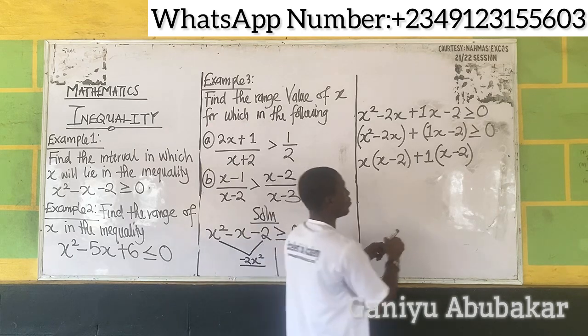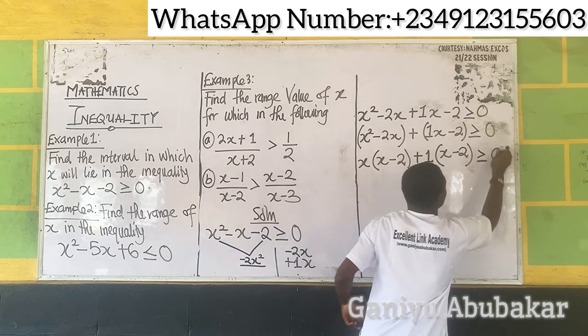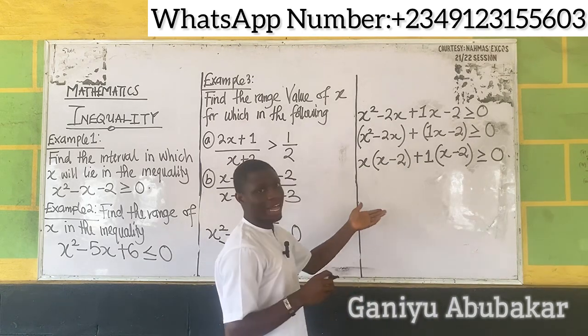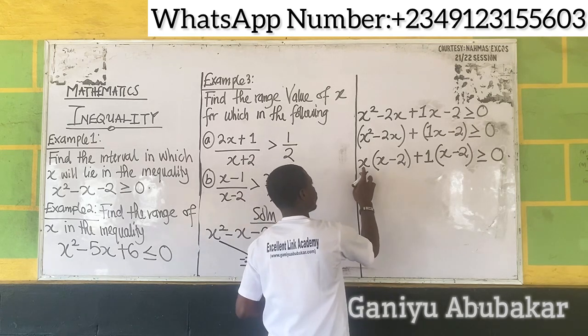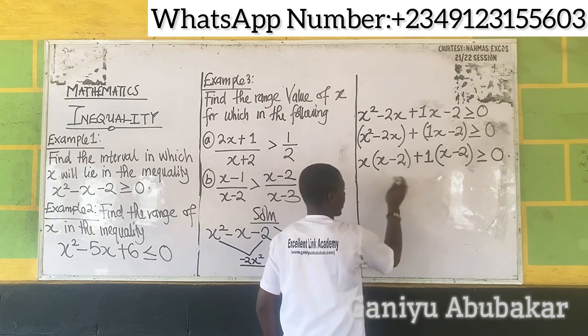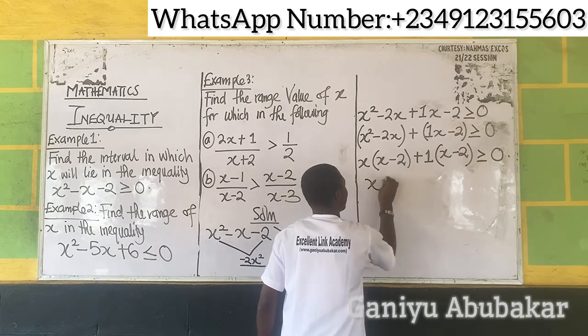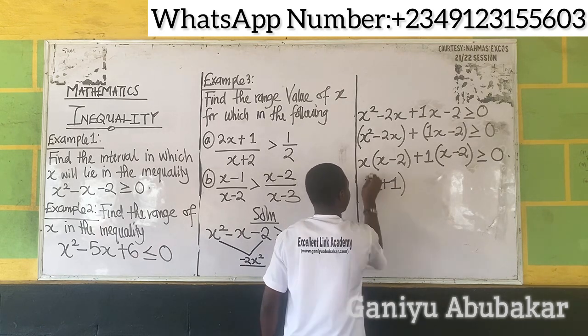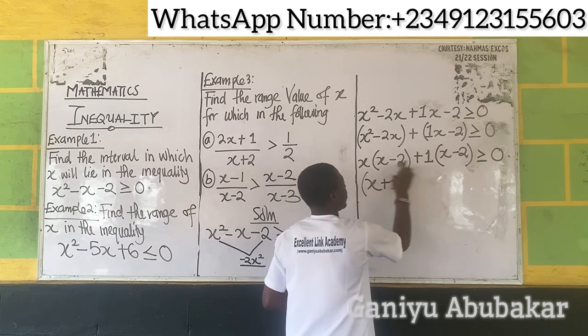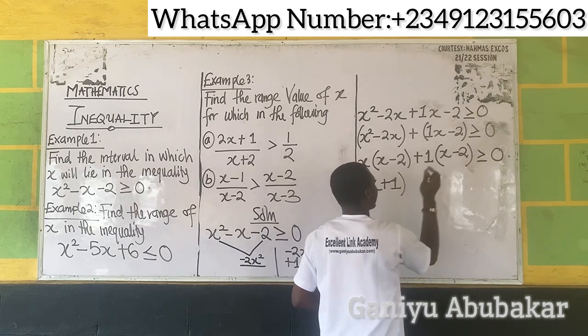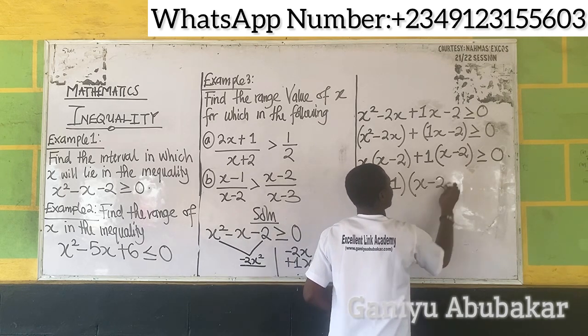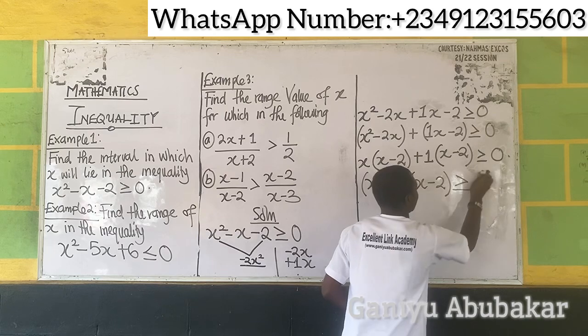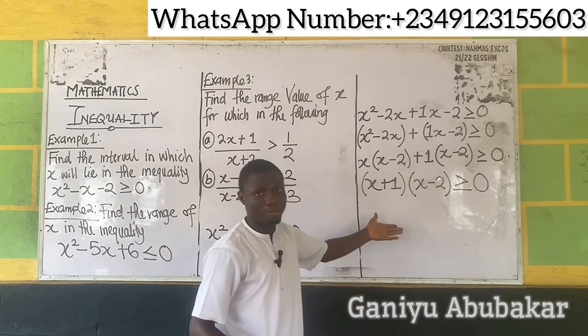So greater than or equal to 0. To get my answer, I take this coefficient and this one together. That gives x plus 1 as my first root. x minus 2 is common here. Bring out 1: x minus 2 greater than or equal to 0. So I'm about to find my answer.